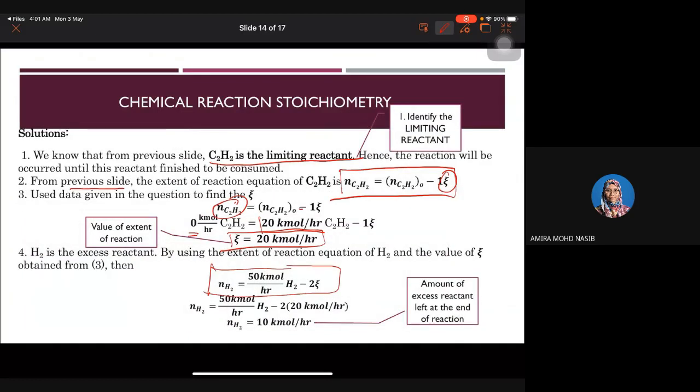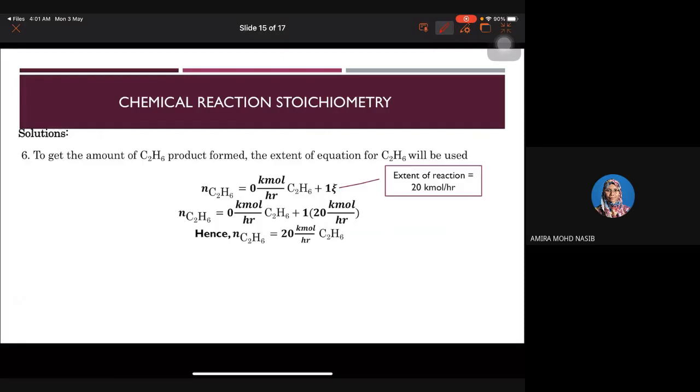At the beginning, you have 50 kilomole per hour of hydrogen minus 2 times the extent of reaction. From here, you get 20 kilomole, so you times 20. So 50 minus 40 equals 10 kilomole per hour. This is the amount of moles of hydrogen left at the end of the reaction after all the acetylene has been consumed to produce your product. Okay, get it?